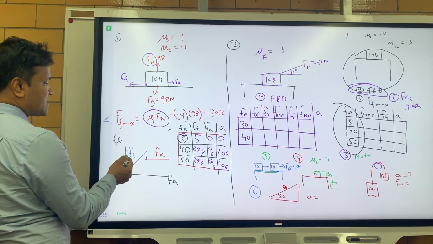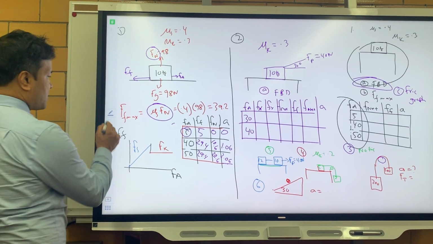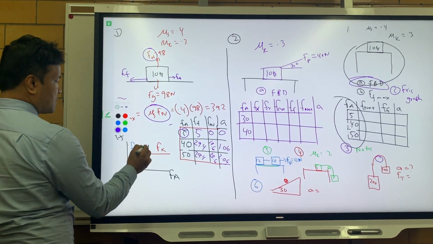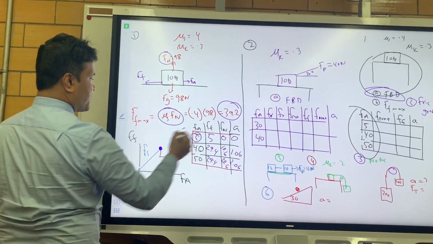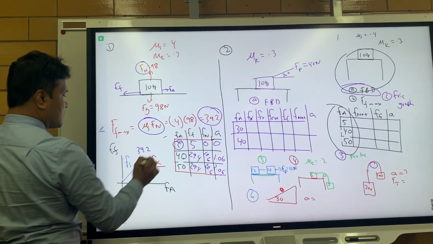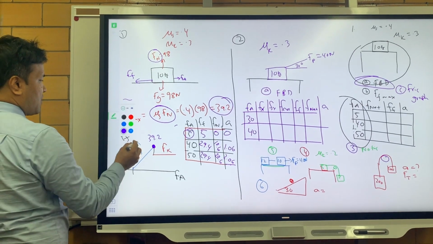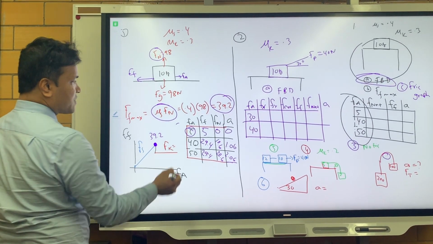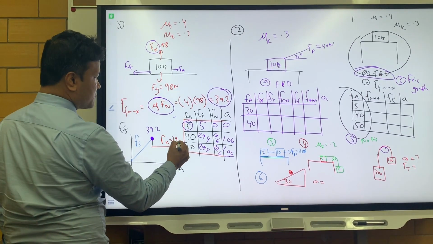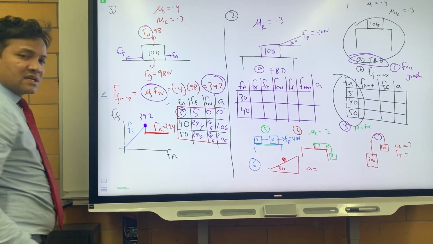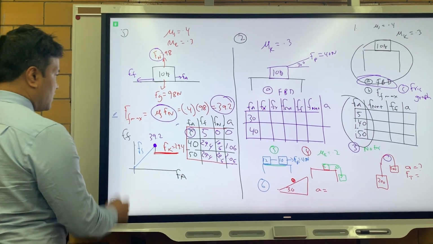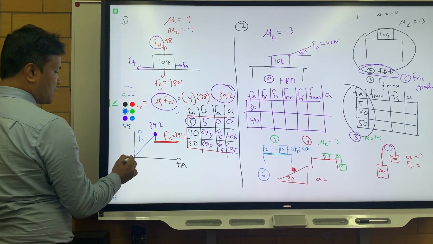What is our static friction? Our maximum. What does the peak represent? The peak represents 39.2. What does FK represent for our problem? FK for this problem is 29.4. FK is constant, that's why FK is a line. What about the blue?